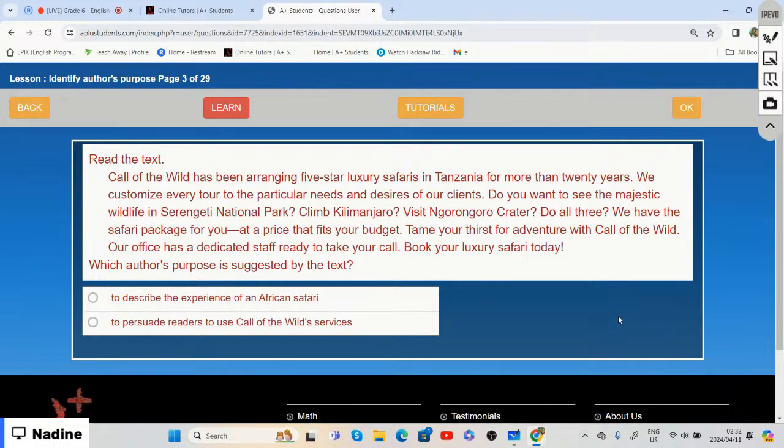So Call of the Wild has been arranging five-star luxury safaris in Tanzania for more than 20 years. We customize every tour to the particular needs and desires of our clients. Do you want to see the majestic wildlife in Serengeti National Park? Climb Kilimanjaro? Visit Ngorongoro crater? Do all three? We have the safari package for you at a price that fits your budget. Tame your thirst for adventure with the Call of the Wild.